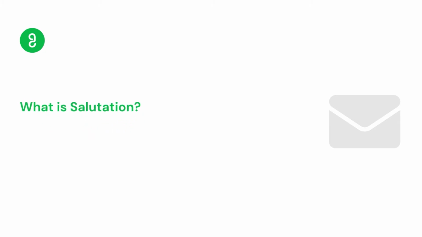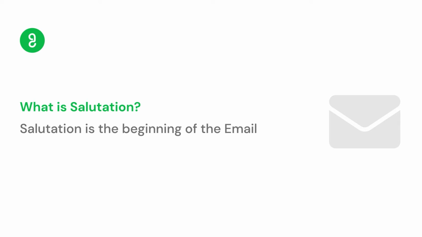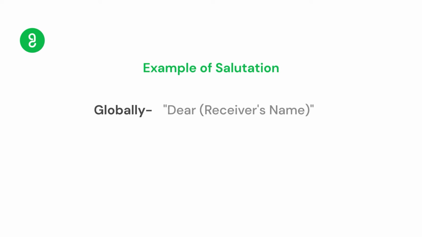And the second important part of an email would be the beginning of the email. As you know, we call it salutation. What is a salutation? How do you address people? Generally, people are addressed as Dear followed by their name.